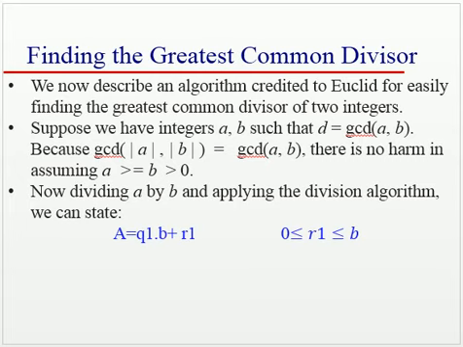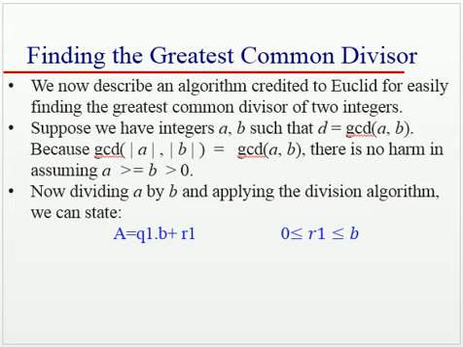Here we can describe this algorithm as follows. Suppose we have integers a comma b such that d is equal to GCD of a comma b. Because GCD of mod a comma mod b is equal to GCD of a comma b, there is no harm in assuming that a is greater than or equal to b, greater than 0. So here we are assuming that a is greater than b. Now suppose we divide a by b.